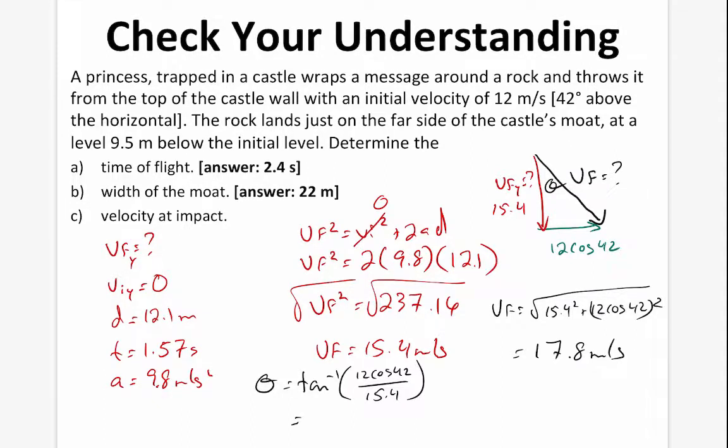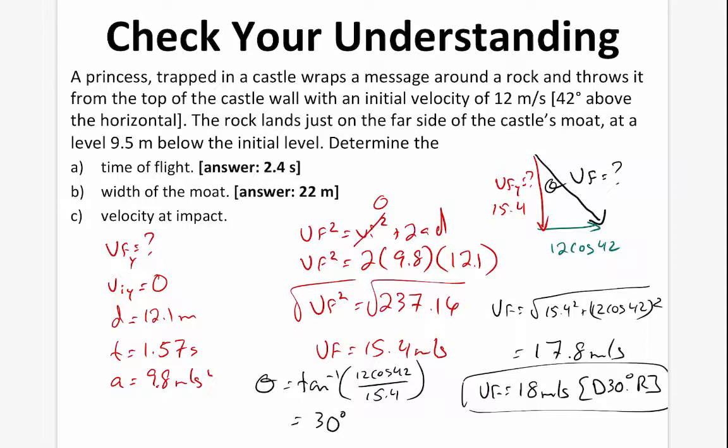And that gives us a theta value of 30 degrees. So our final vf to 2 sig digs is going to be 18 meters per second. And in this example, we went down 30 degrees right. And that's our final answer. And that concludes our lesson on projectile motion.